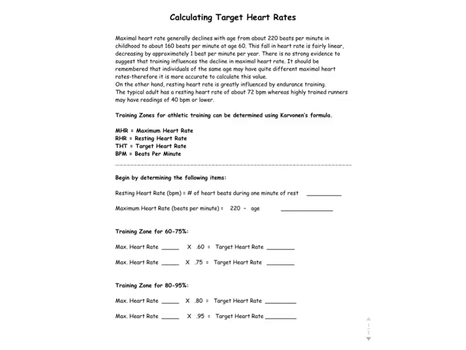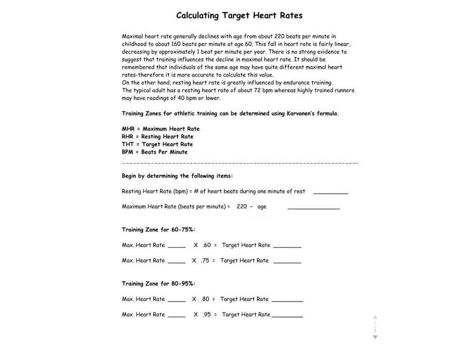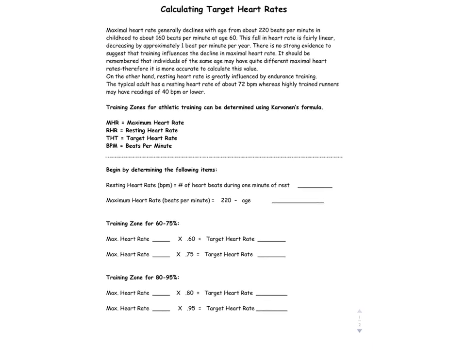Generally, it says that maximum heart rate declines with age from about 220 beats per minute in childhood to about 160 beats per minute at the age of 60. This 220 beats per minute is a factor that needs to be looked at later on when we're actually calculating.